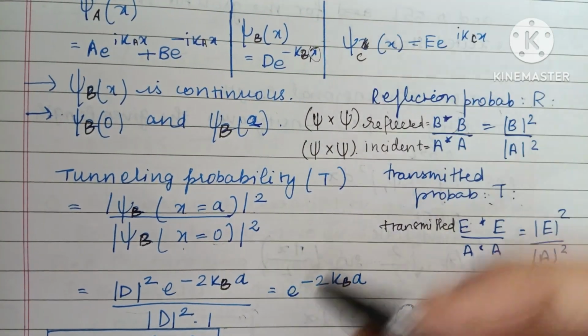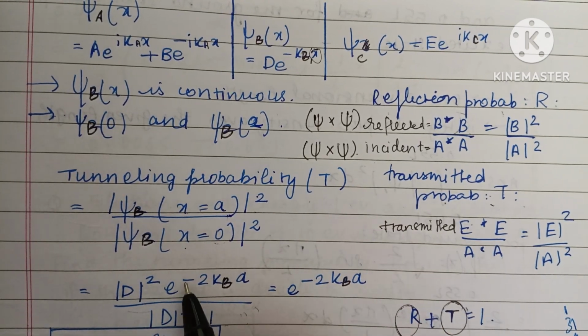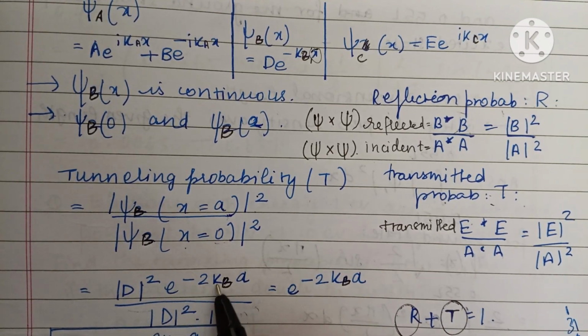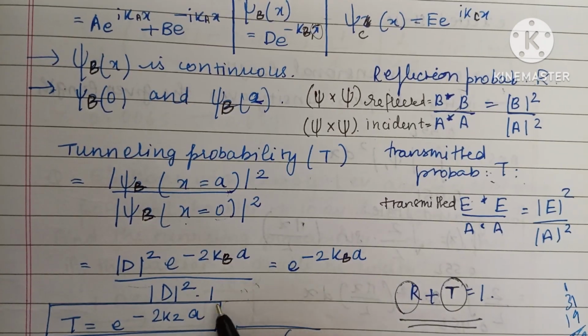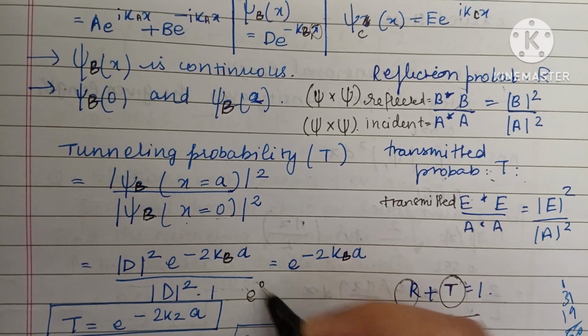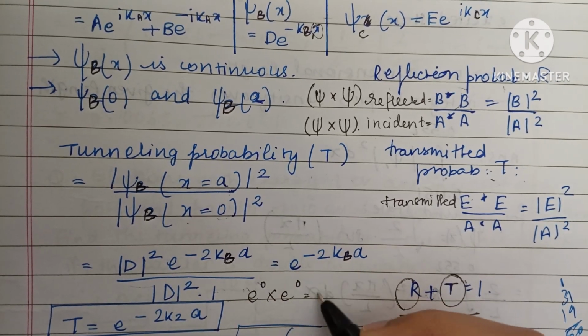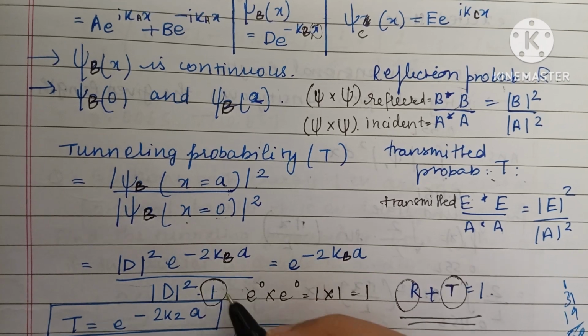And here when x is substituted as a for the numerator, we get e power minus 2 k b a when multiplying. And below, x will be substituted to 0. So e power 0 into e power 0 will be equal to 1 into 1, which is just 1. That is why 1 is written over here.